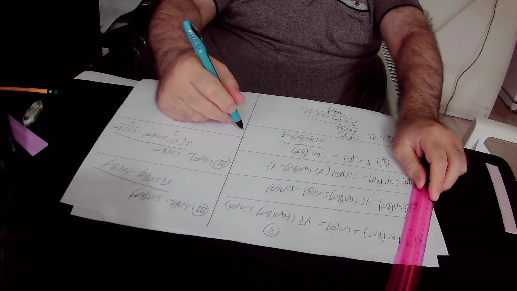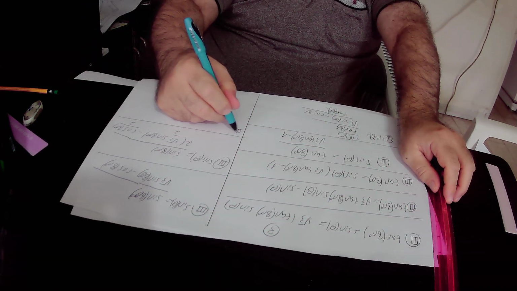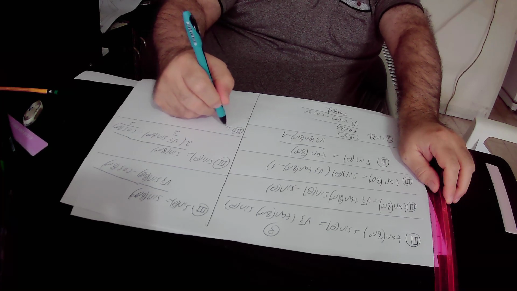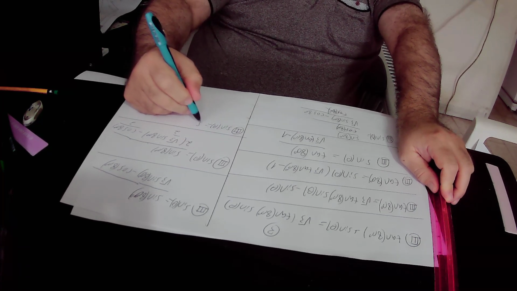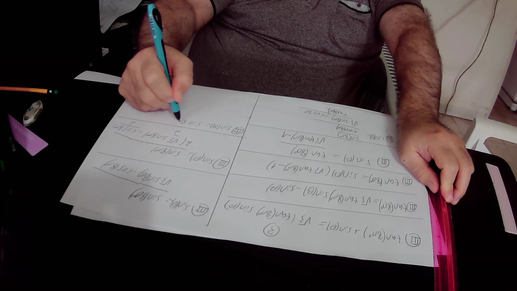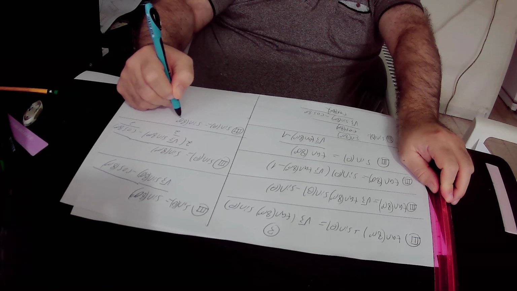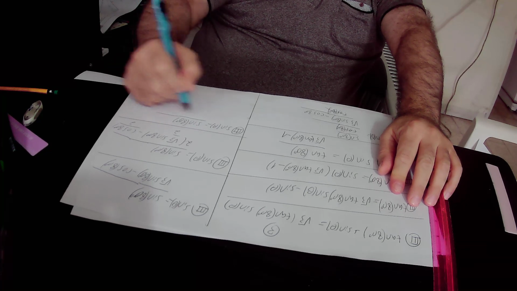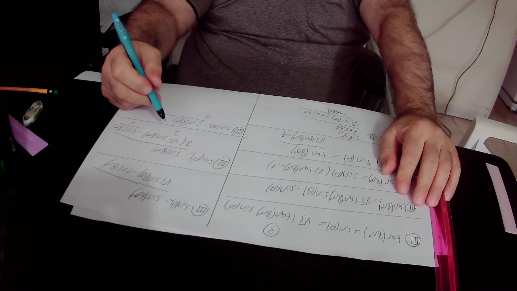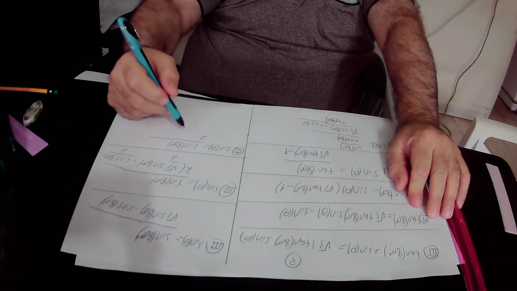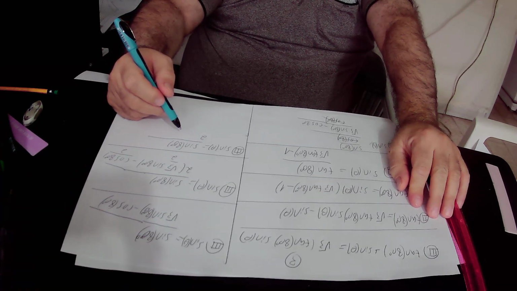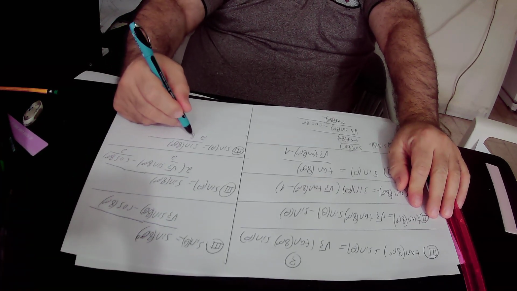So we get that according to equation number 3, sinus theta equals sinus 80 degrees over 2, and square root of 3 over 2 is cosine 30 degrees.